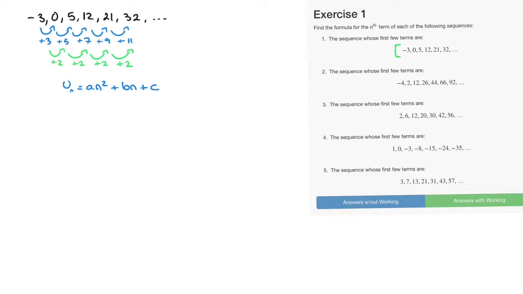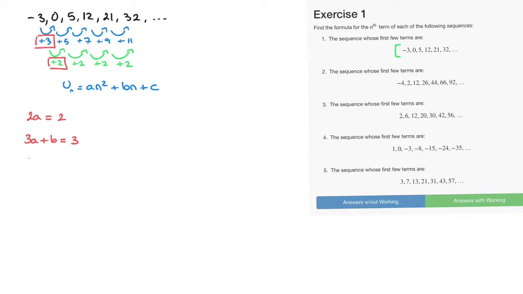And now to find the coefficients a, b, and c, we use the following formulas. 2a equals the second difference, so in this case, that would be 2. We also have 3a plus b must equal the difference between the first and the second term of the sequence, so that would be this 3 here.